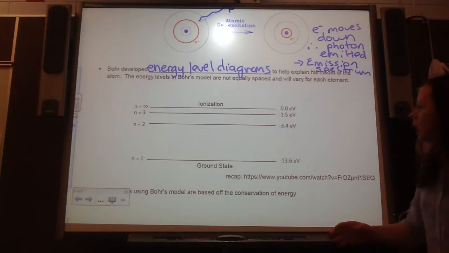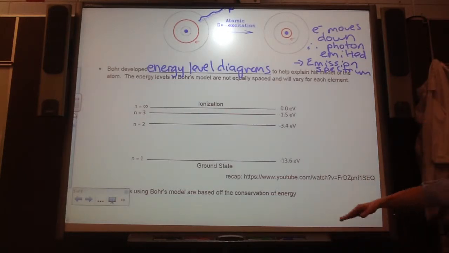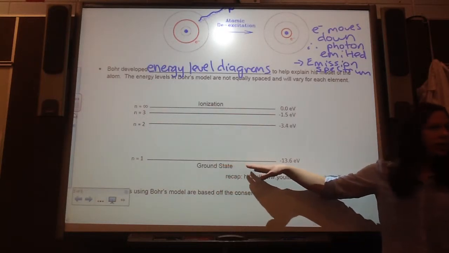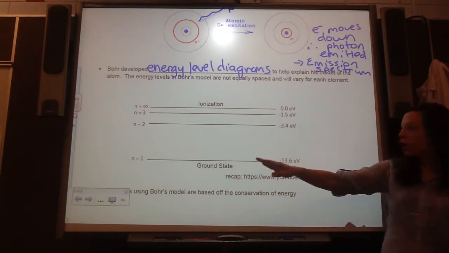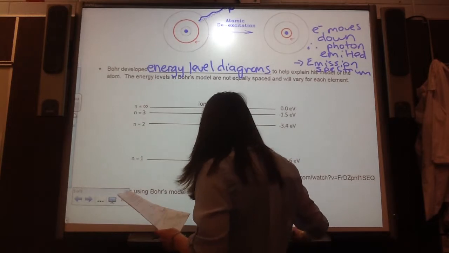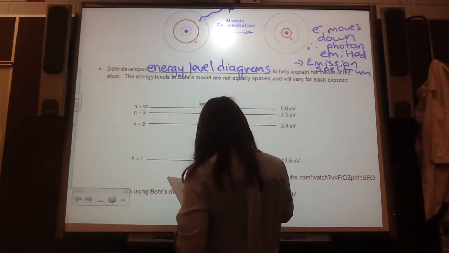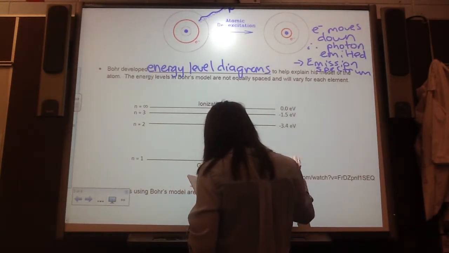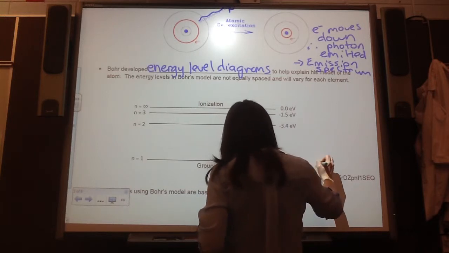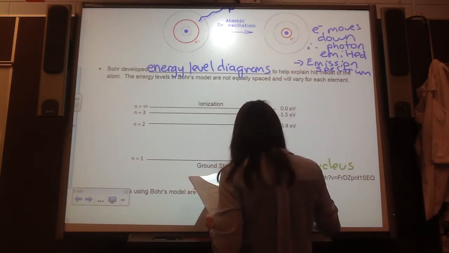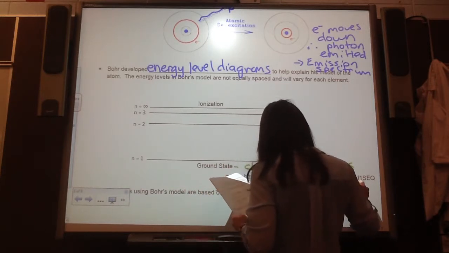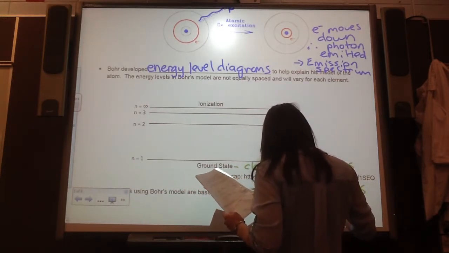Okay, so here, let's look at some of this terminology. Here it says ground state. So that's the closest to the nucleus, okay? So ground state means closest to nucleus, and the electron is unexcited.